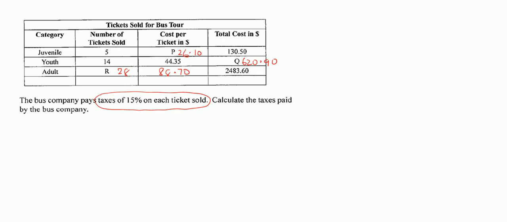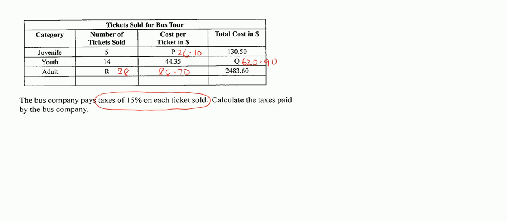All right, so we want to calculate the amount of taxes paid now. How to interpret this? Every ticket that you sell, you pay 15% in tax.